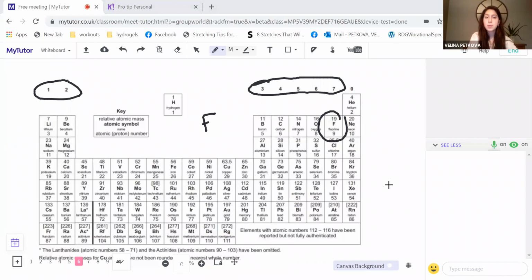Yeah, so the group number is the number of valence electrons. Brilliant. So perfect, it has 9. So how many electrons are going to go in the first shell? Brilliant, 2 electrons, okay? And then how many electrons are going to go in the next one? Yeah, so lots of correct answers.